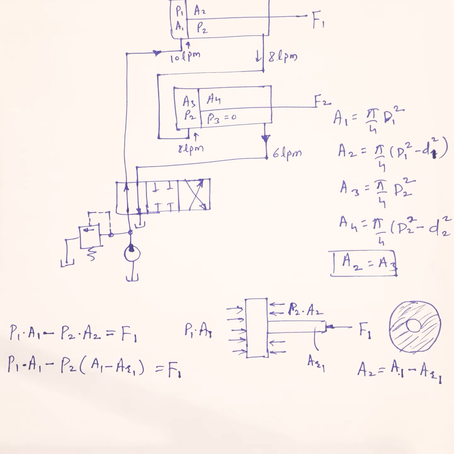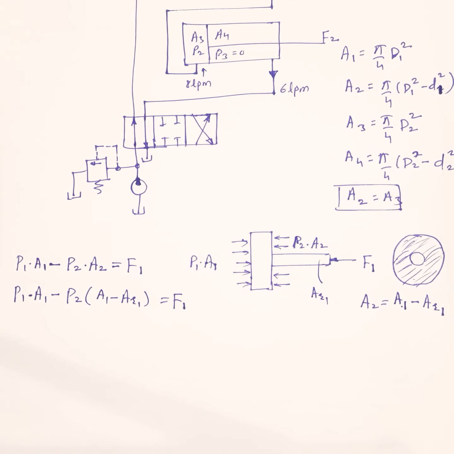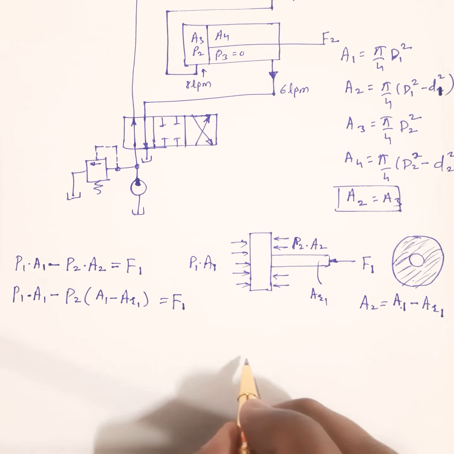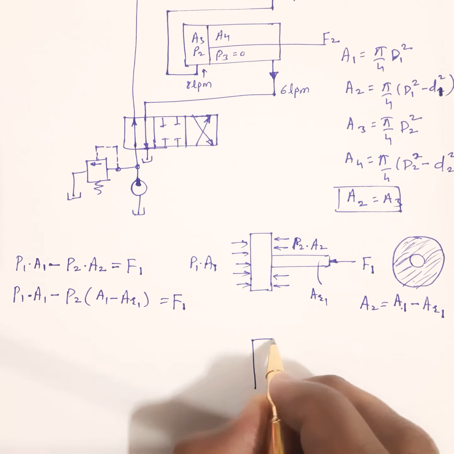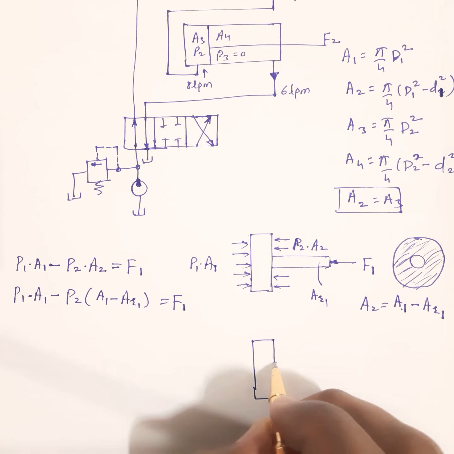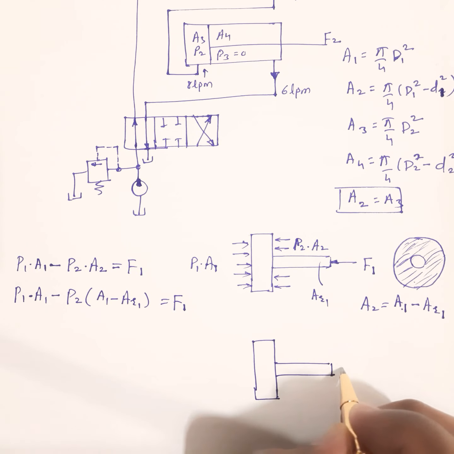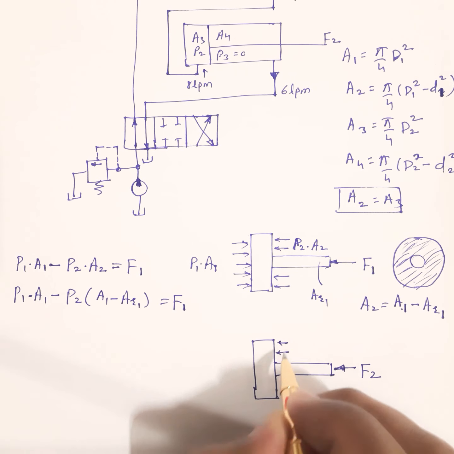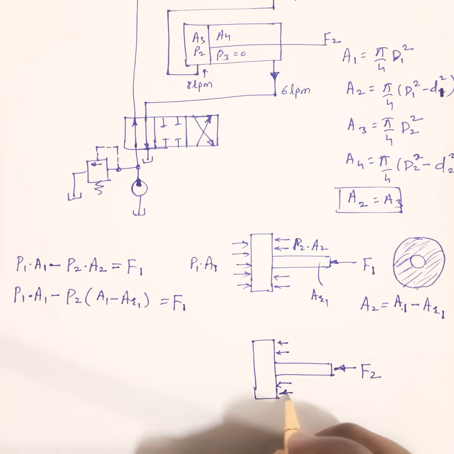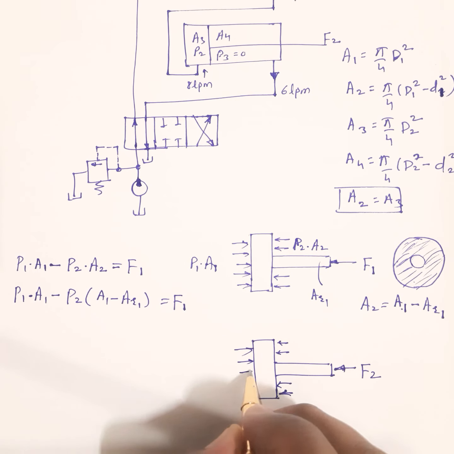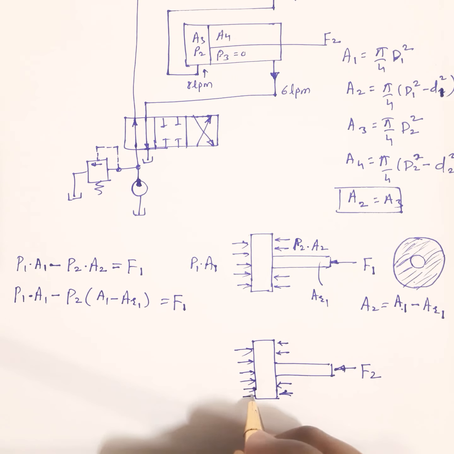Now we'll draw the second cylinder. Let us say the second piston, so the second piston is this one, piston 2. Here force F2 is acting, and here the opposing force, and here the force acting to move the piston in the forward direction.